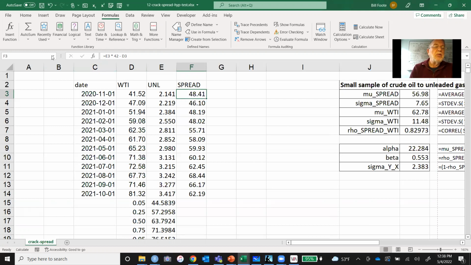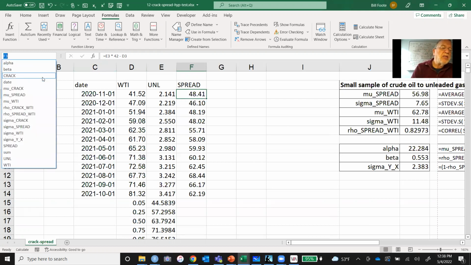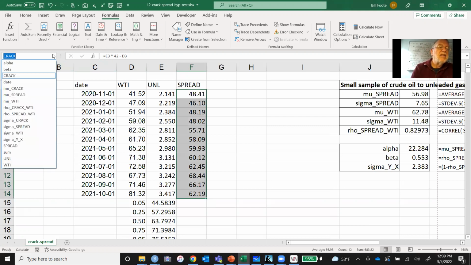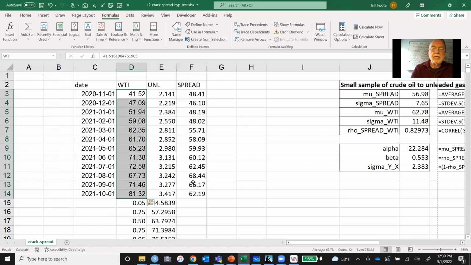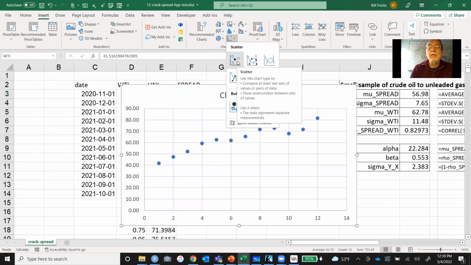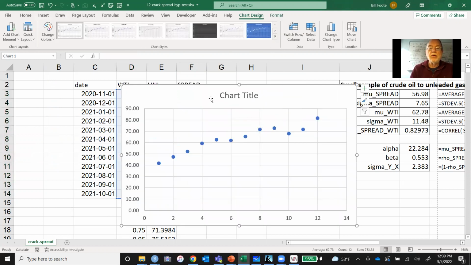And if we look over here, we do have named ranges for these. We have the spread, that's the spread, also called crack. Oh, lovely. And WTI. We can, if we want, insert some sort of chart, well, that's just a WTI movement.